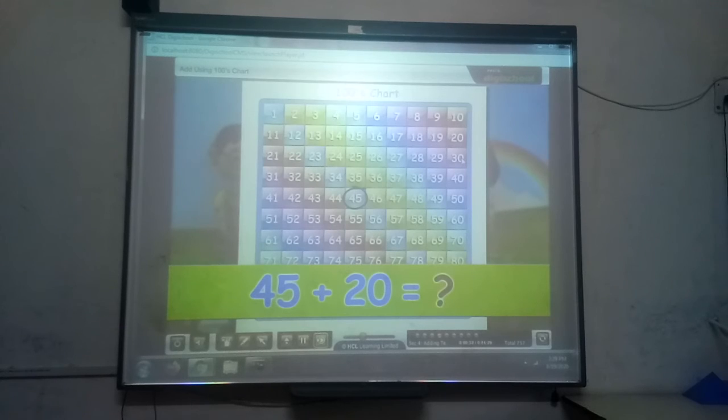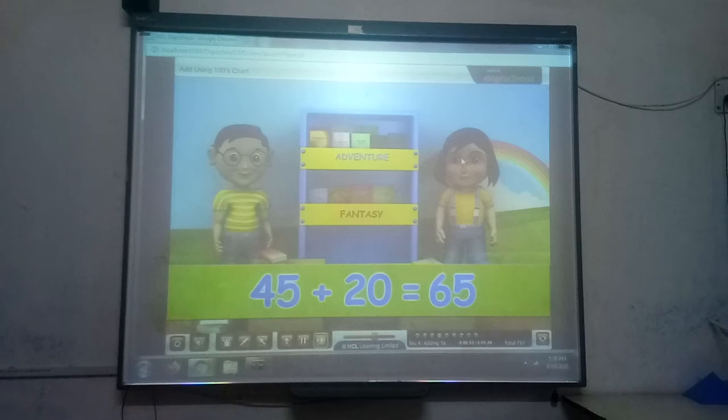Then, to add 20, move 2 rows down. This move brings us to 65. 45 plus 20 equals 65. So, there are 65 books of fantasy stories.